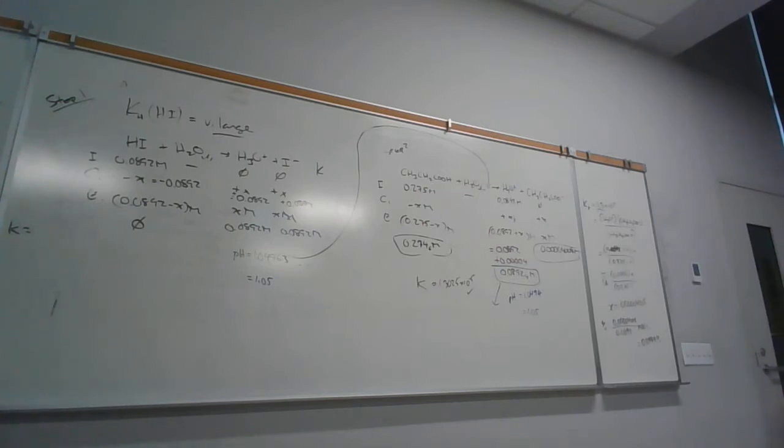Times 0.08924. And I get 9.9948 times 10 to the minus 15, which is going to be about 1.0 times 10 to the minus 14.